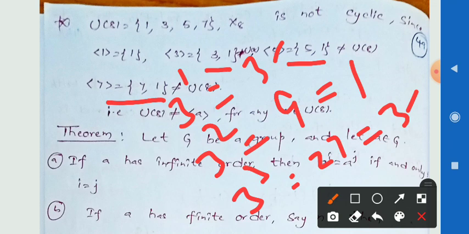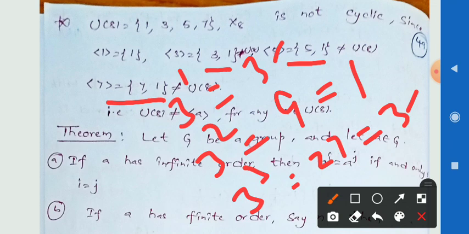Means 1, 3, 5, 7 are not generating the whole set. Therefore we can say that 1 is not a generator, 3 is not a generator, 5 is not a generator, and 7 is not a generator.